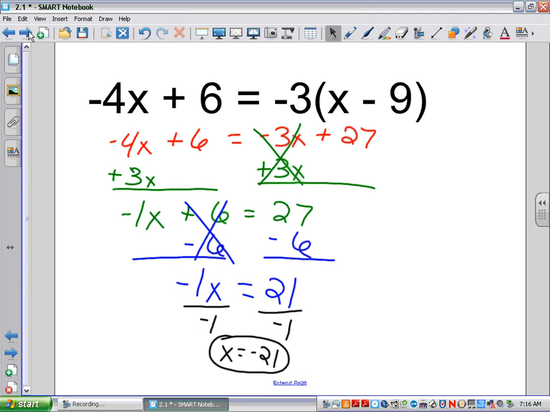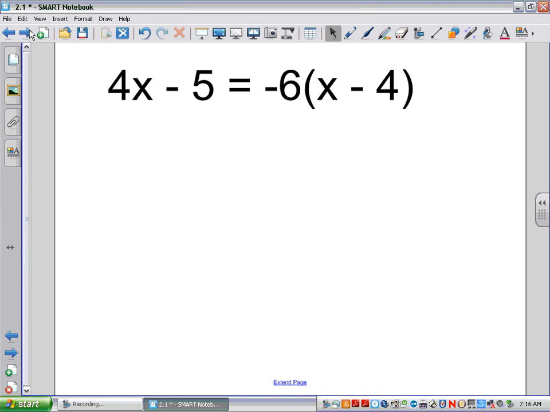We have one more. Again, try to work this out on your own first. This one's going to be 4x minus 5 equals negative 6x, watch your sign, plus 24.